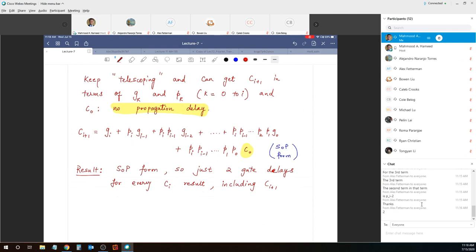Including C sub n, the most significant carry.